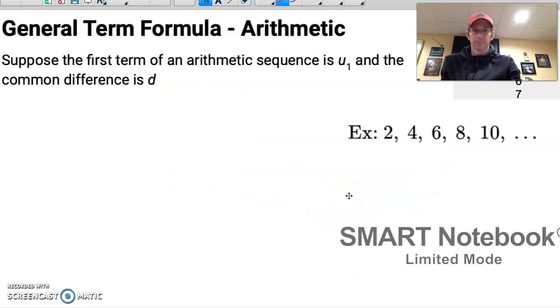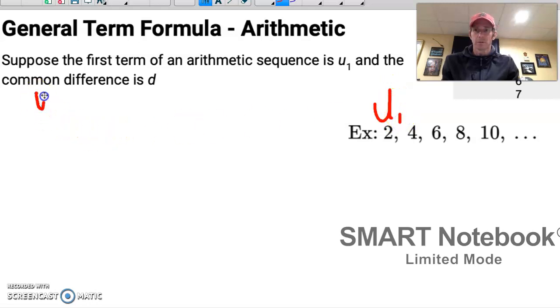So we're going to look at the actual formula, and we're going to try to build it as we go. We can look at this example over here as we work through this. Here's my first term.